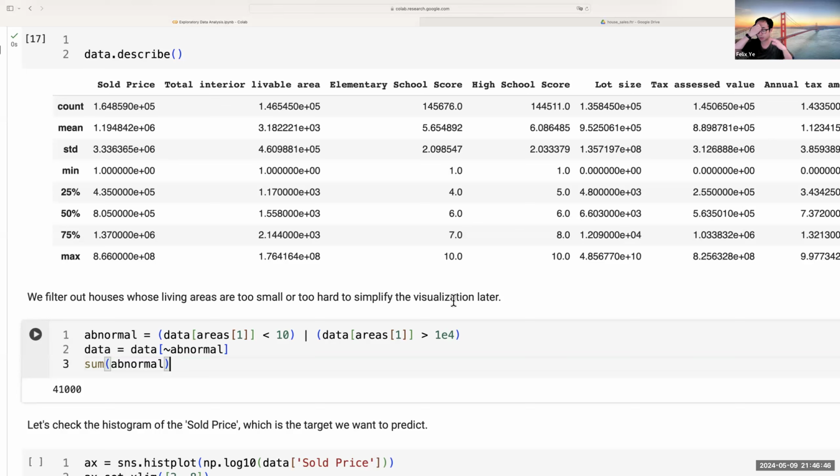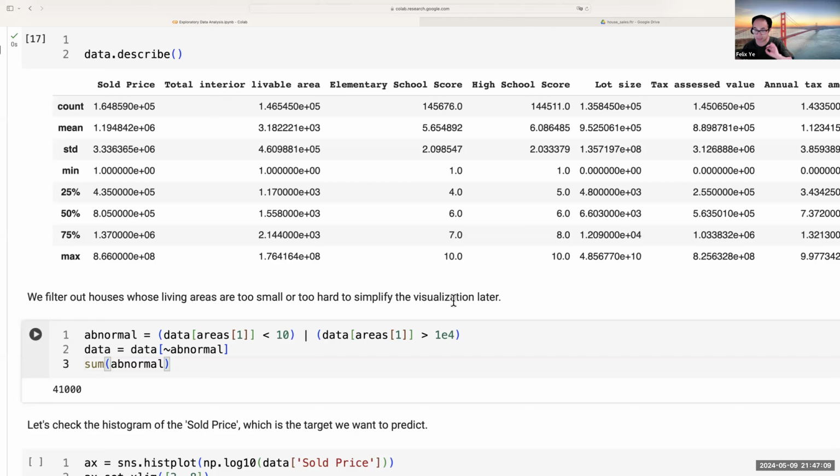Although we have 165,000 data entries, we're not going to use all of that. In fact, some of the data entries obviously have an error, or have some outliers. We are not going to predict anything on the outliers.